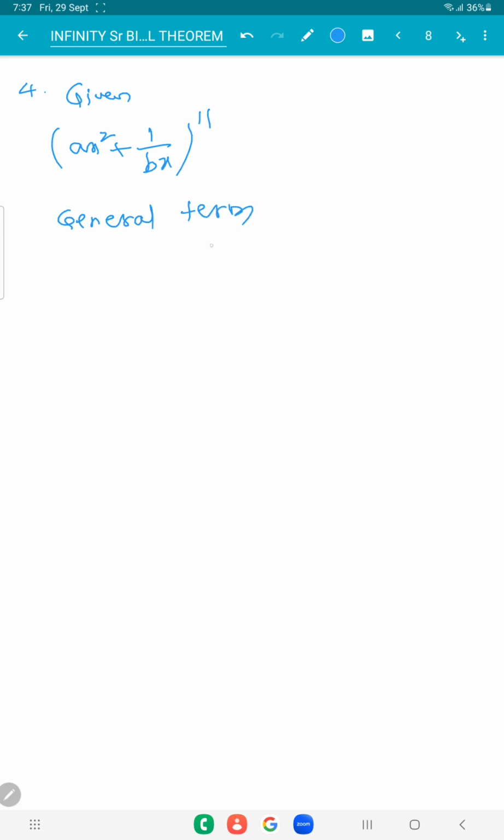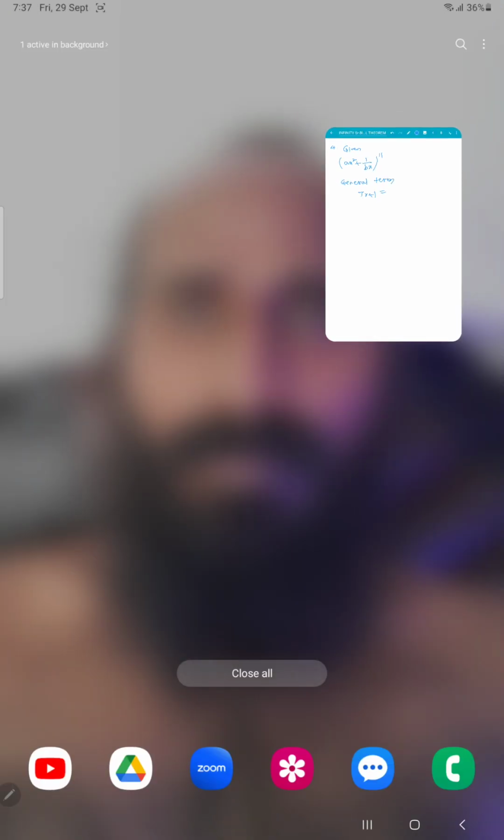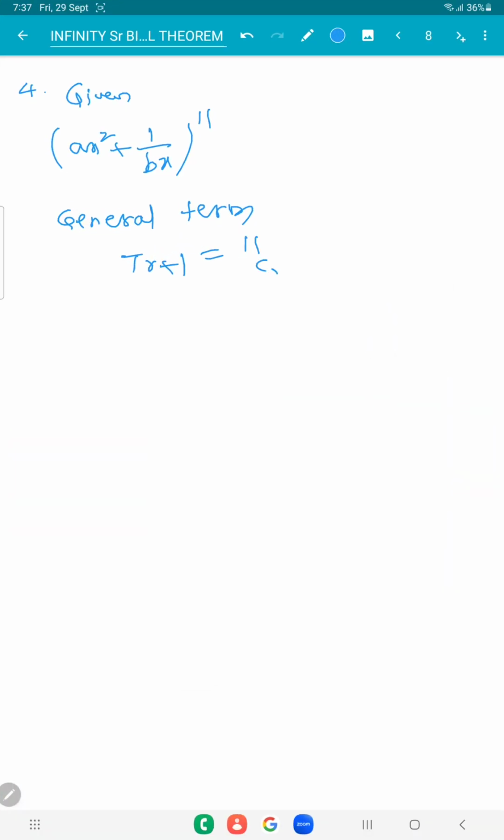What is the general term formula? Tr plus 1 is nCr x power n minus r, a power second term whole power r. So let us write this as 11Cr a power 11 minus r.